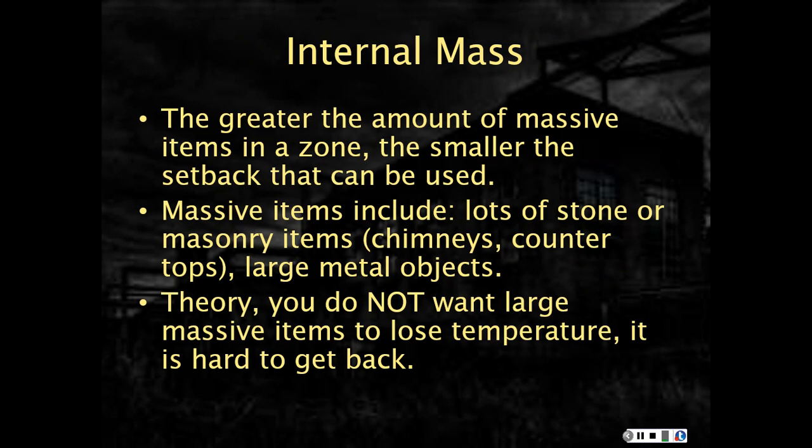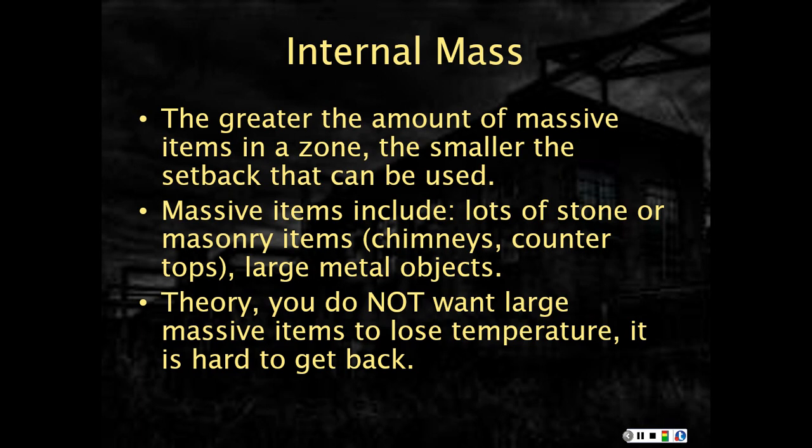And again, speaking of mass, the greater the amount of mass items in a zone, the smaller the setback that I can use. Massive items, again, include a lot of stone or masonry items or large metal objects. Production equipment comes to mind. Chimneys, countertops, whatever.